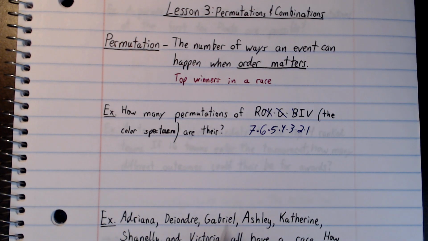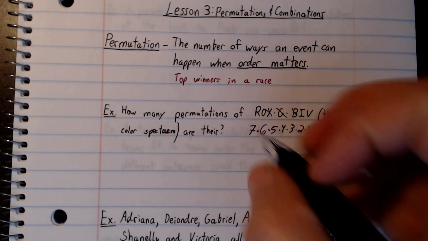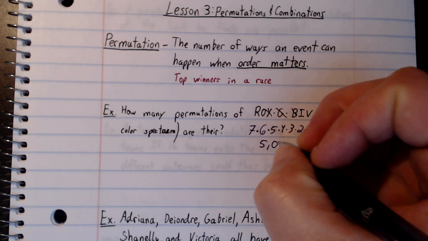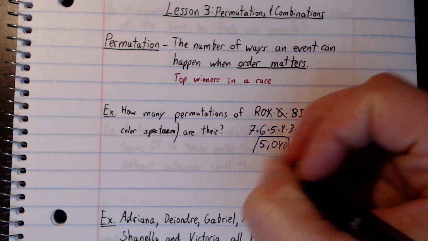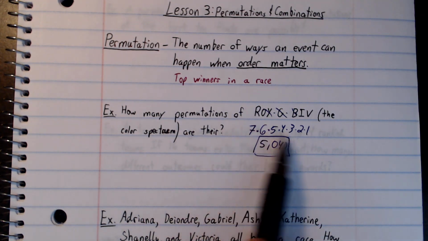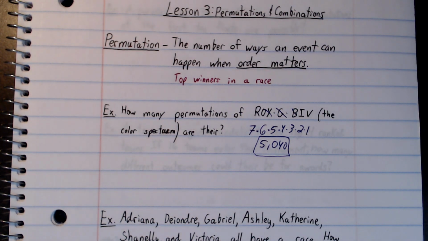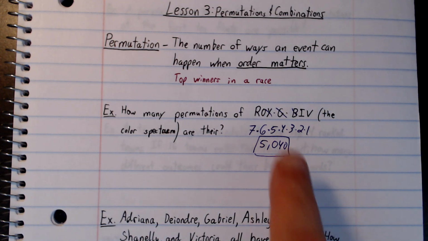So right now, it looks like factorial, 7 factorial, so that would be 5,040 different ways that you could have that specific ordering. Where that one has to come first, this one has to come first. So think like if you had a very unique flag that you wanted to fly.